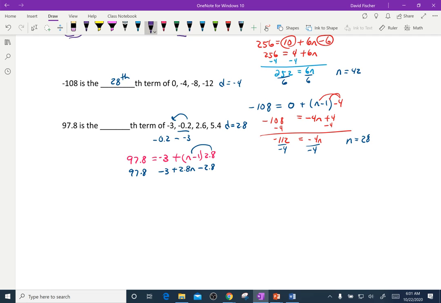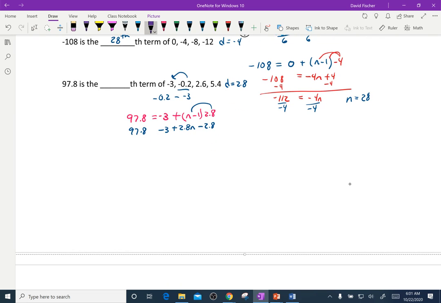Go ahead and continue solving this one. But these guys are like terms, so let's put them together.